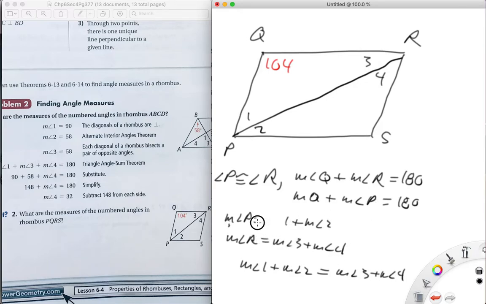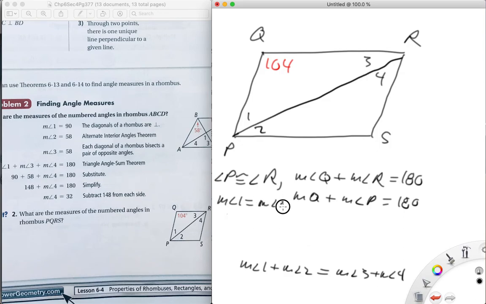Okay? I also know that since this is a rhombus, angle 1 is equal to angle 2. I also know that angle 3 is equal to angle 4.